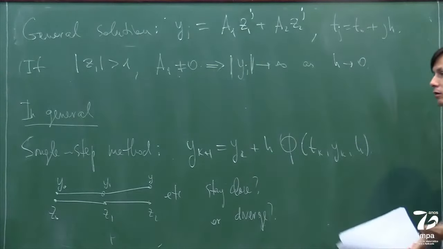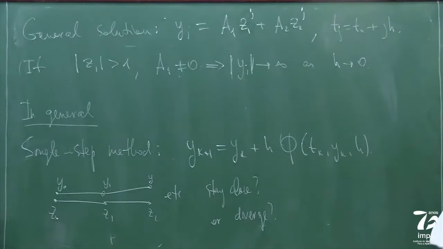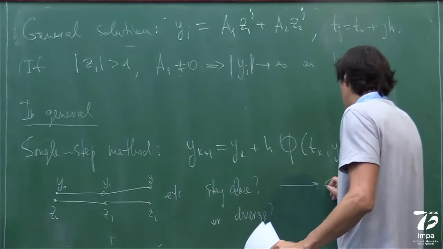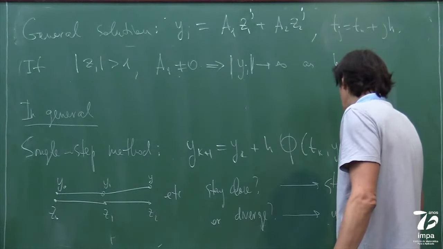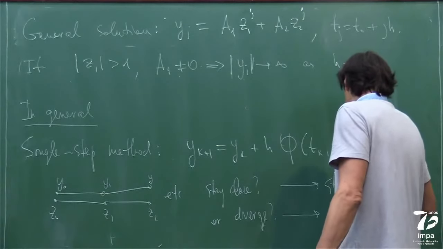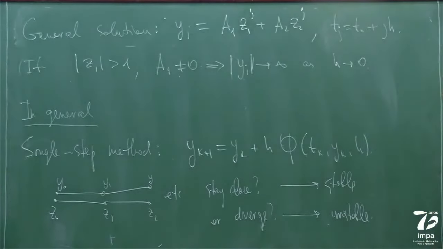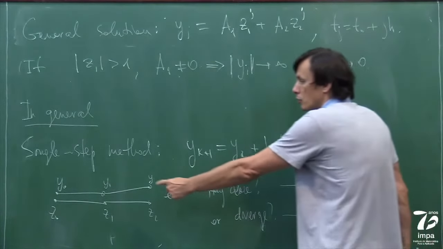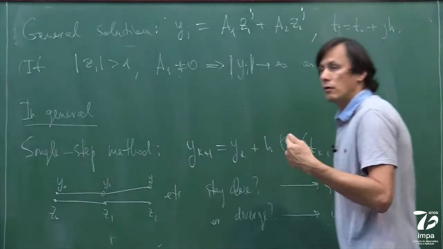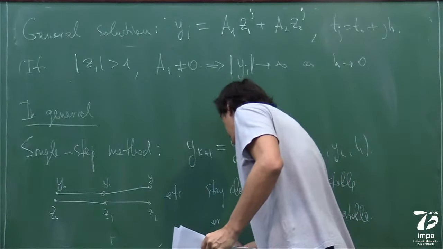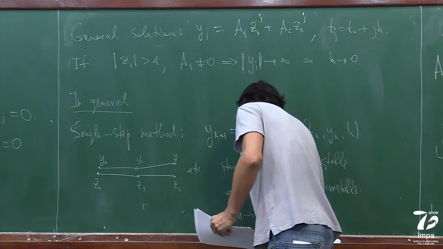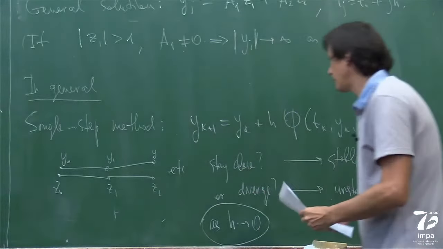Will they stay close or will they diverge? If they stay close, the method is stable. And if they diverge, the method is unstable. So that's essentially the idea: in a stable method, whatever error you take, it will not diverge as h goes to 0.